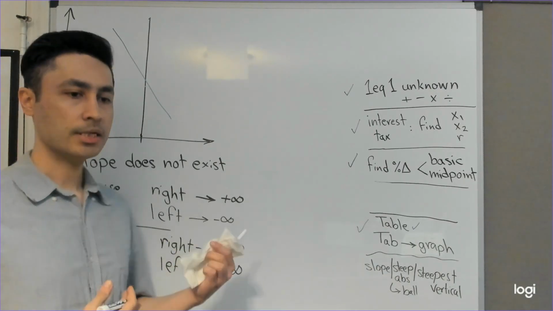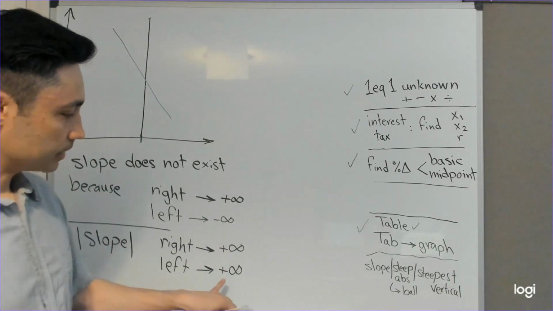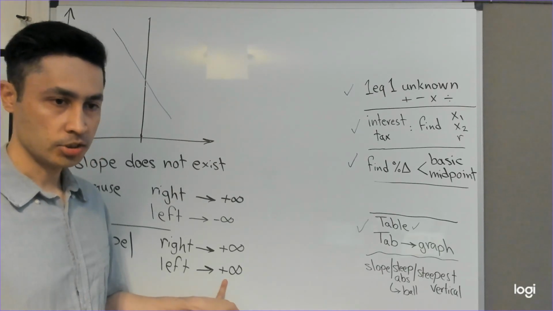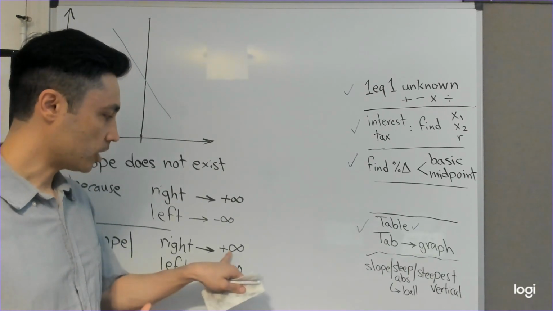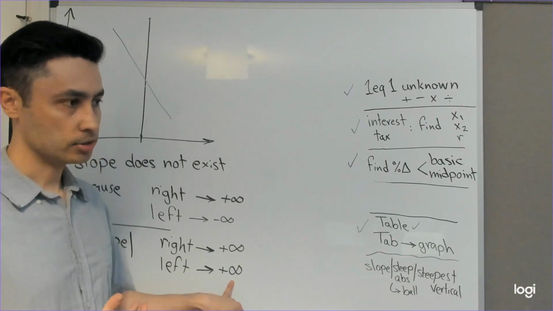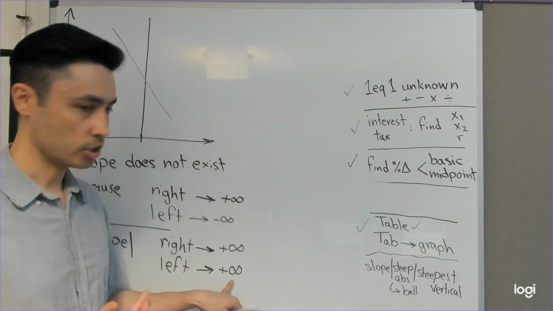So the limits on the left and the right are the same. They are positive infinity. In this sense, even though the slope does not exist, we feel comfortable with the idea that positive infinity is larger than all numbers. It is not a number, it is a concept, not a number.